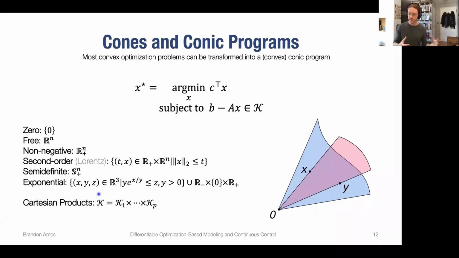So these are really powerful representations of convex optimization problems, and the nice tools that we have for convex optimization, like CVXPy and this family of languages, provide a really nice way of automatically transforming optimization problems into this conic form.